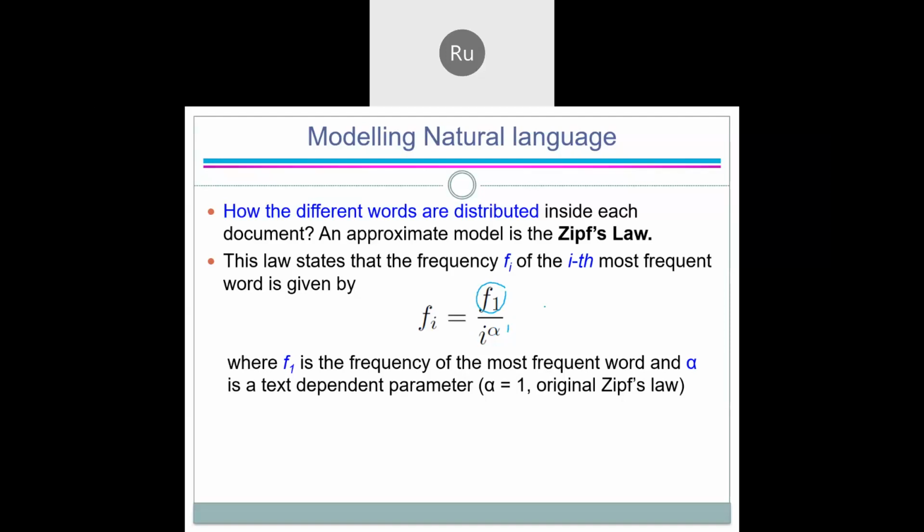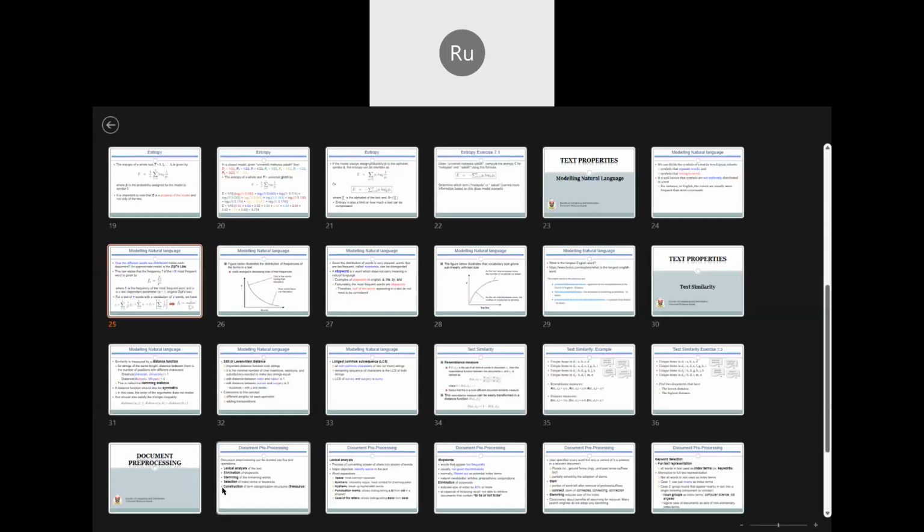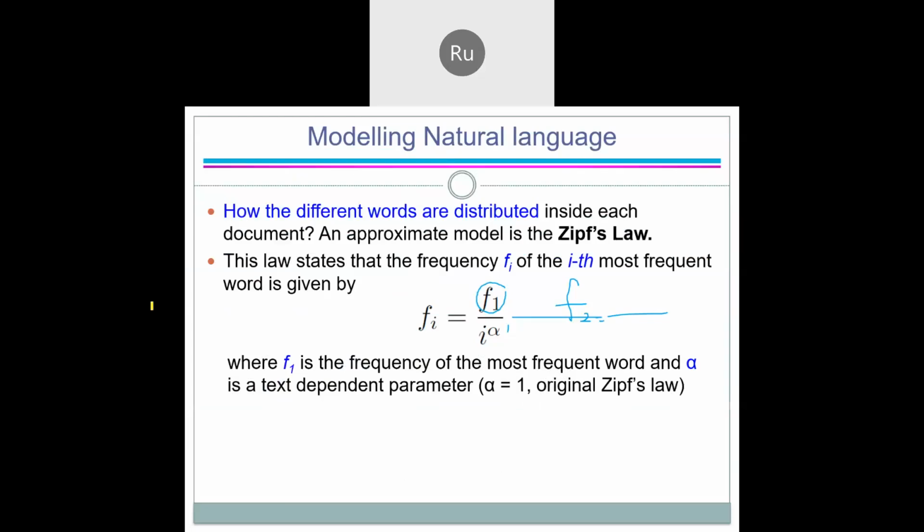But when we want to find the second most frequent, we have F1 divided by 2.